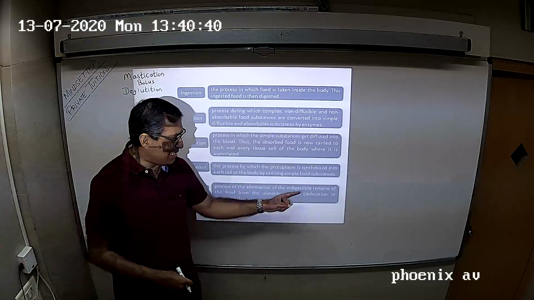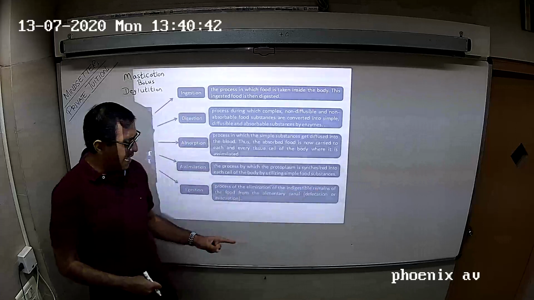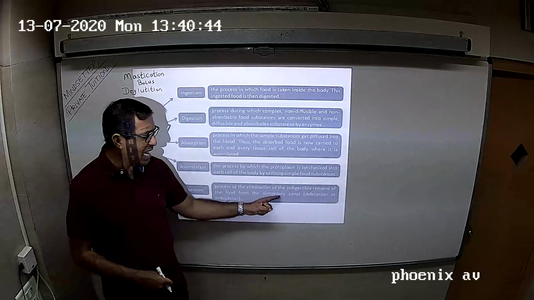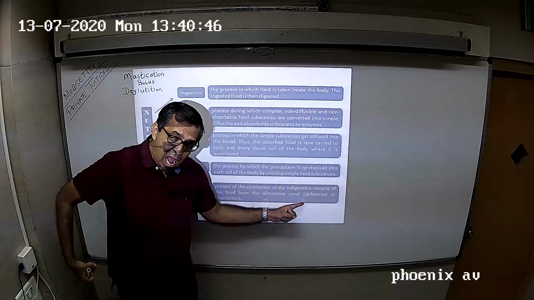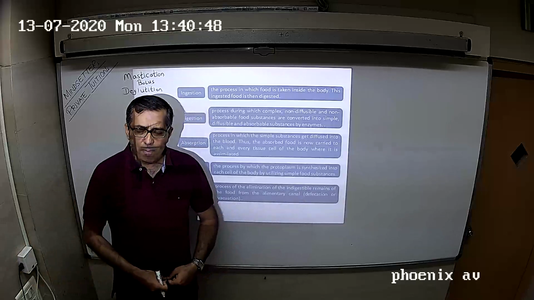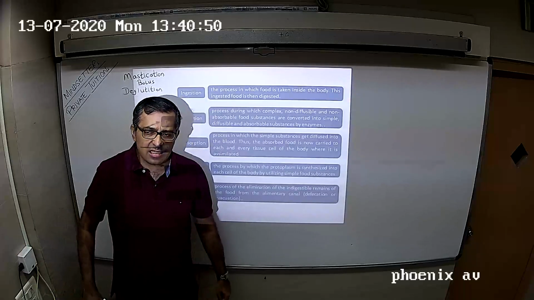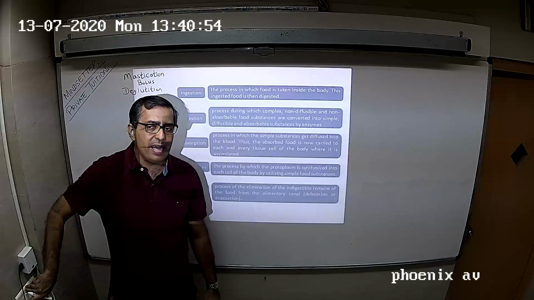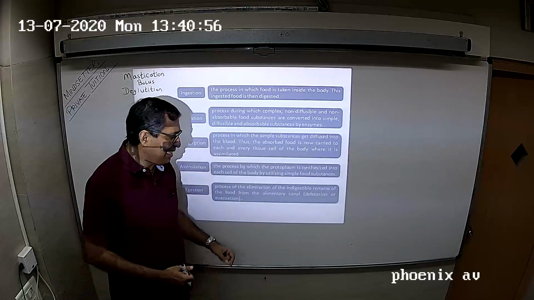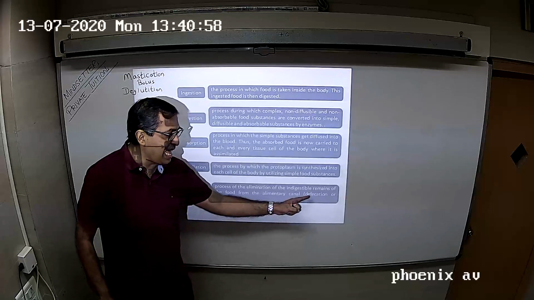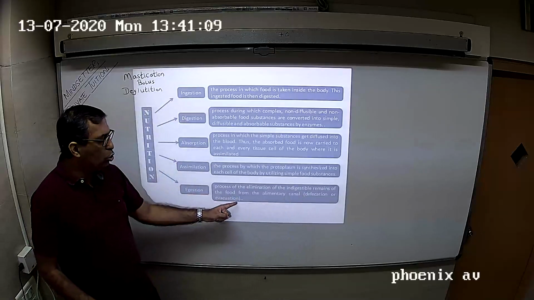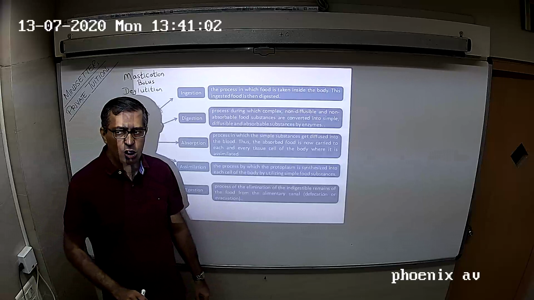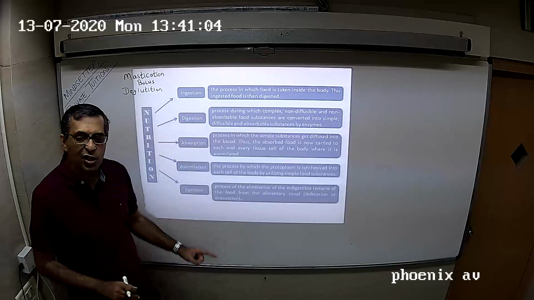And whatever food does not get digested or does not get absorbed, that will now pass on as an indigestible remain. It will pass from the alimentary canal out of the body. So we will pass out all the waste in the form of feces. Fecal matter के फॉर्म में ये बाहर चला जाता है, and that process is called defecation, also called evacuation, also called egestion.